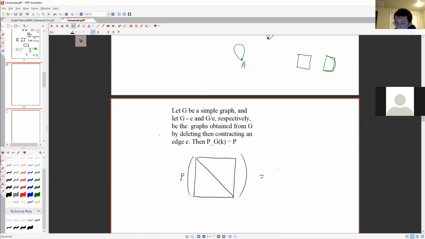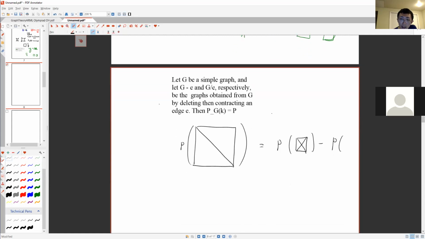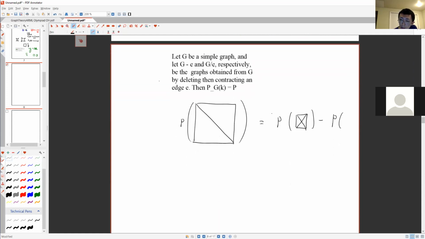But basically, it's going to be the chromatic polynomial of the thing without the missing edge minus the chromatic polynomial of... so there's this concept of contracting two vertices. If I have, let's say, this complete graph, this is vertex contraction.